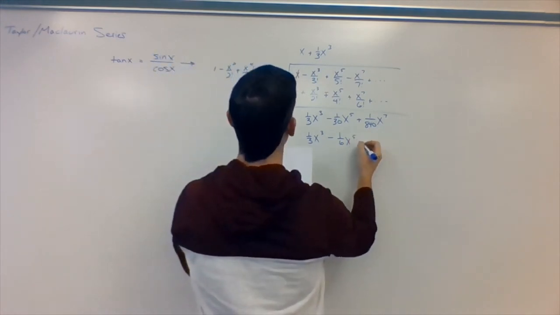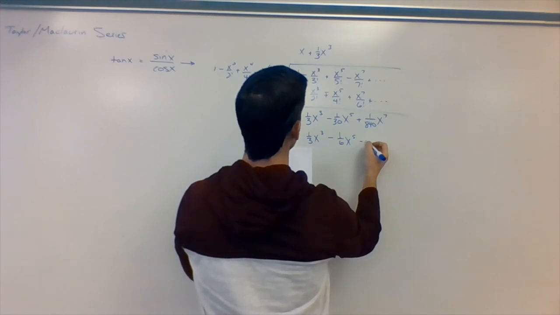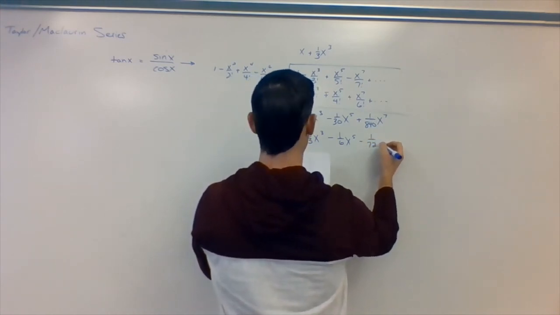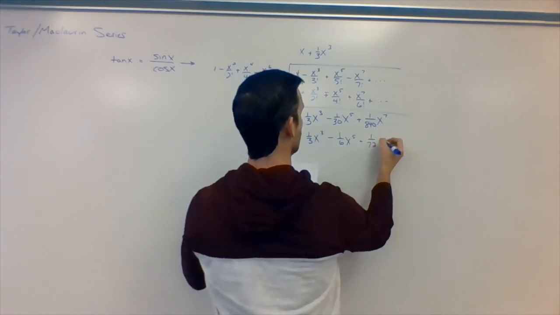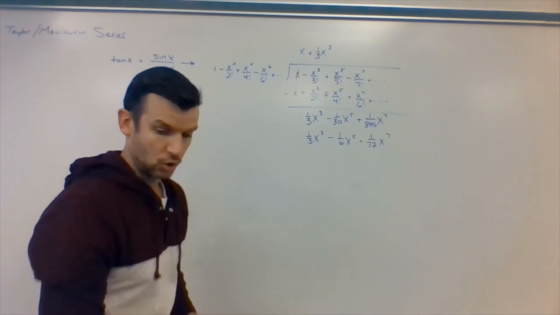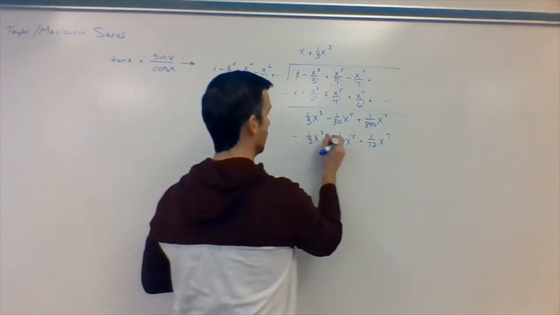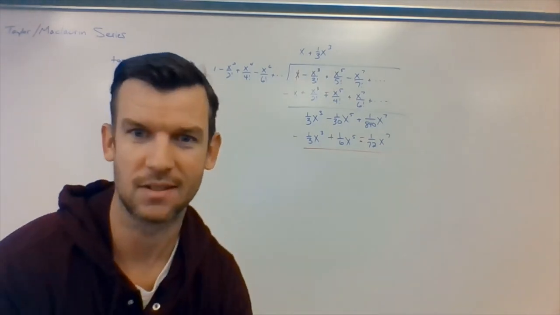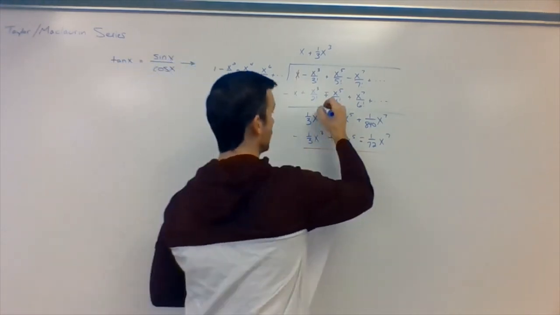Okay, so minus 1/72. Sorry, that's plus 1/72 x to the 7th. Okay, and we're subtracting that line. That's why my notes confused me. I already had my minus signs in there. All right, so those cancel.